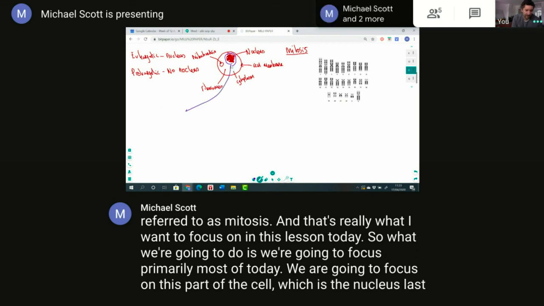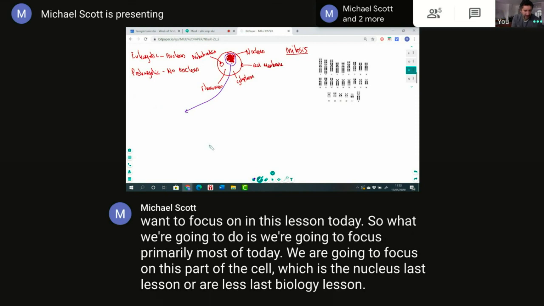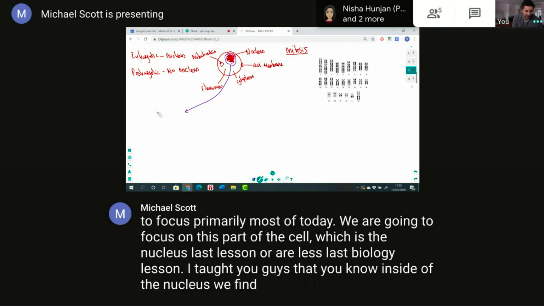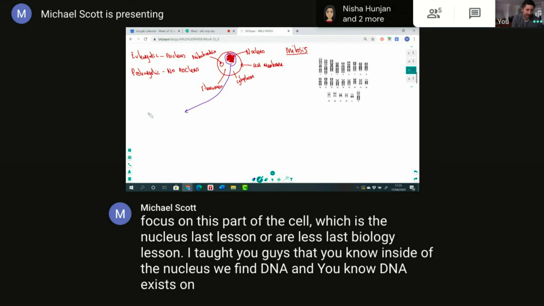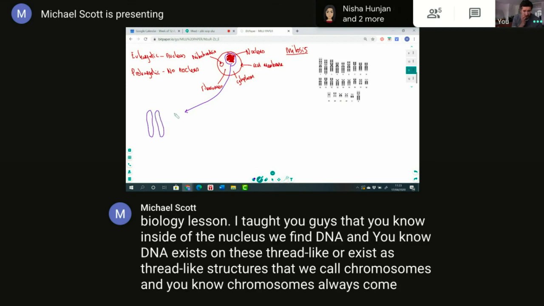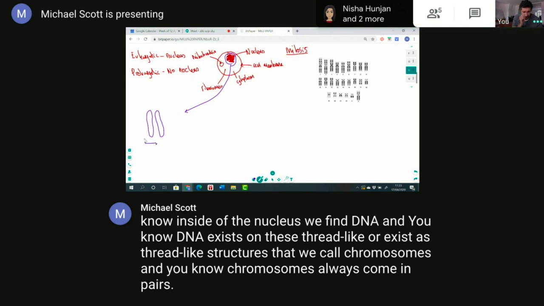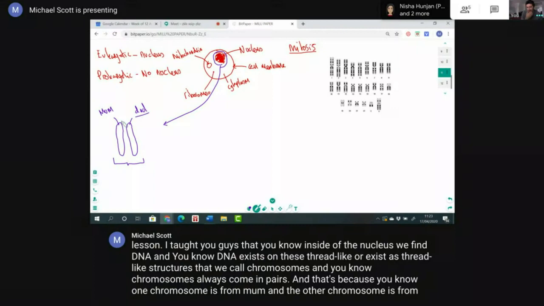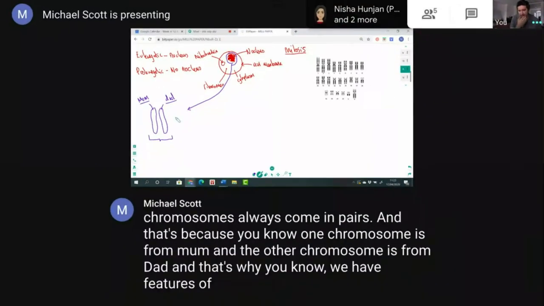Last biology lesson, I taught you guys that inside of the nucleus, we find DNA. DNA exists as thread-like structures that we call chromosomes. Chromosomes always come in pairs, because one chromosome is from mum and the other is from dad, and that's why we have features of both of our parents.